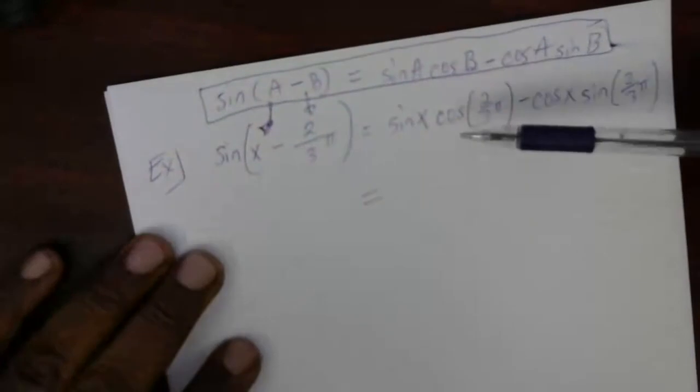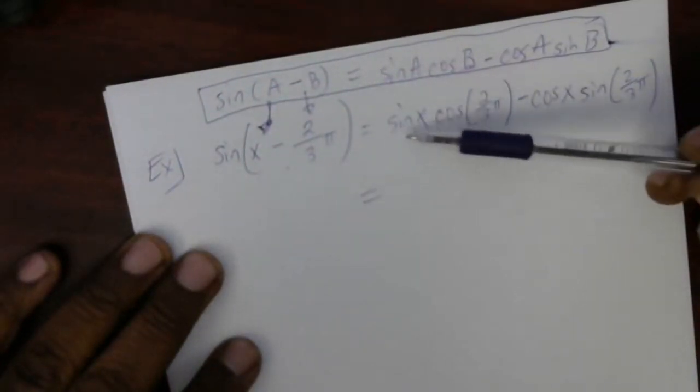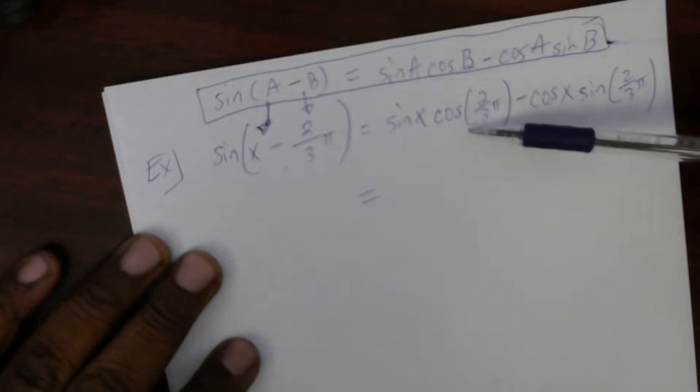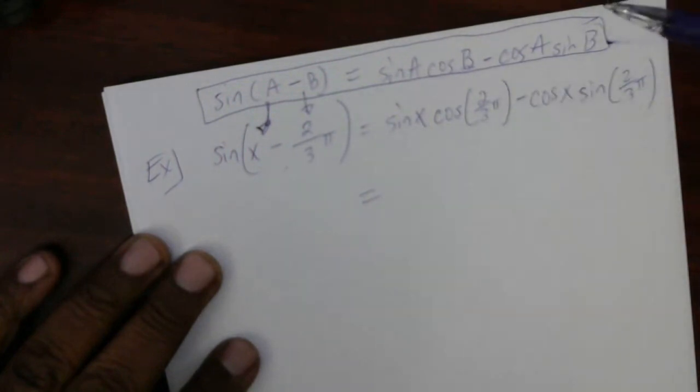Now I'm going to evaluate. Since x is unknown, I can't actually evaluate this. I would simply have to leave this as the sine of x. However, I could evaluate the cosine of 2 pi over 3.